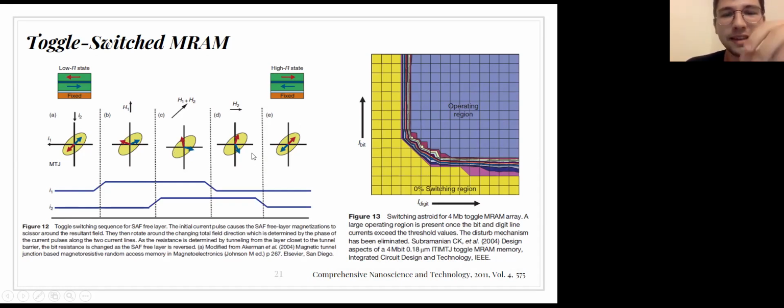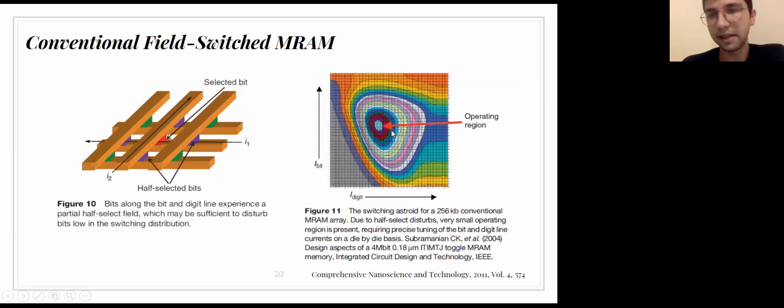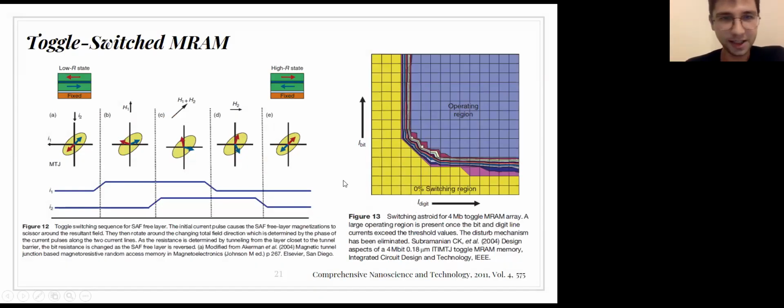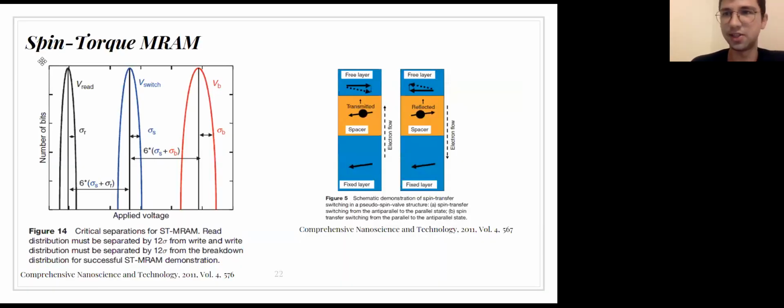When we leave one side's current and then the other side's, you see that they are aligned to opposite sides. On the right, we have the figure of the operating region and switching region. You can clearly see the result obtained is better in the operating region. Okay, toggle switch was our second.